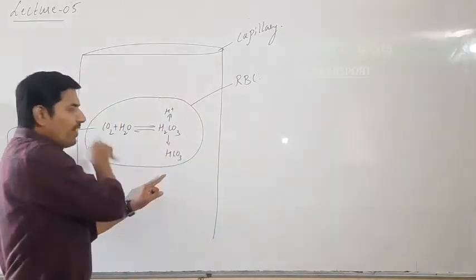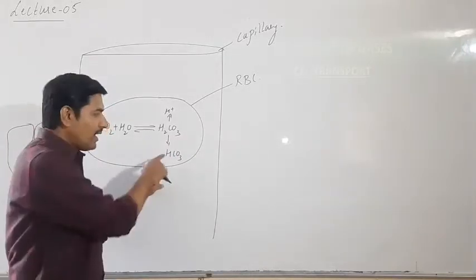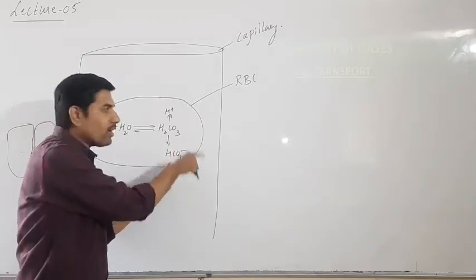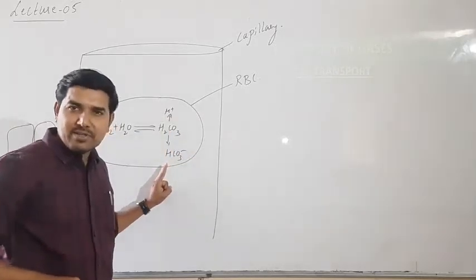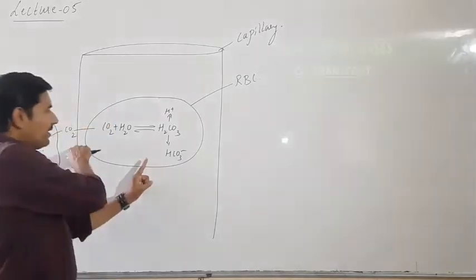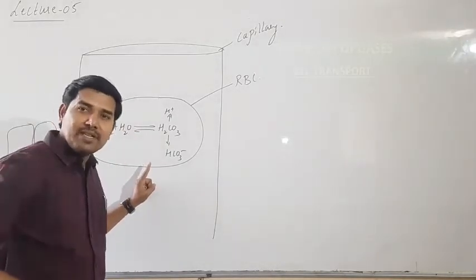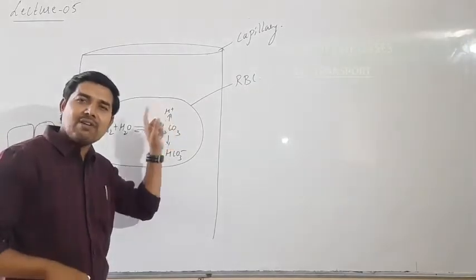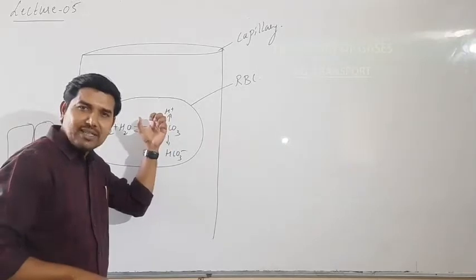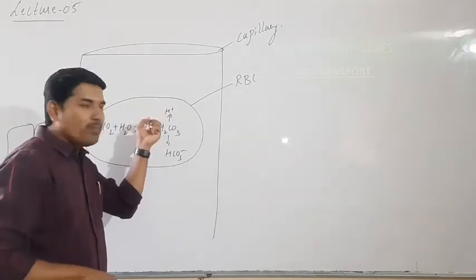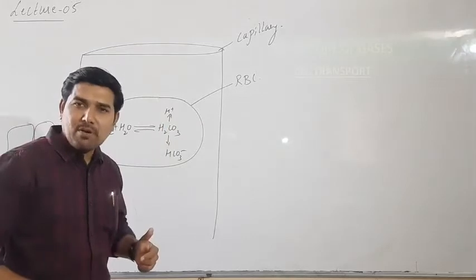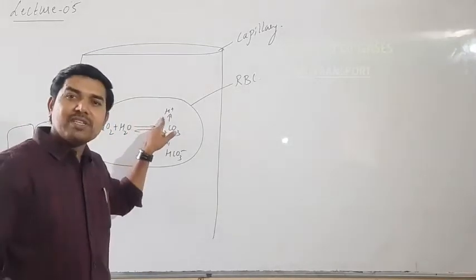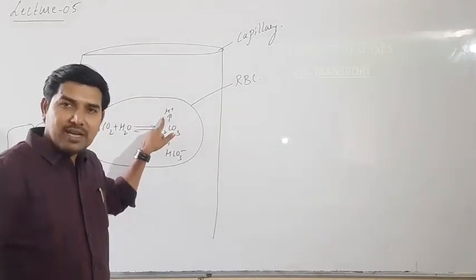Now, the membrane of RBC is permeable for negatively charged ions, while it is impermeable for positively charged substances. Now, as a result, if this process occurs continuously in the RBCs, then hydrogen ion concentration increases in the RBC. It leads to acidic condition, and later on this acidic condition may lead to the bursting up of the RBCs, leading to death. As a result, this H plus which is released is buffered by hemoglobin.